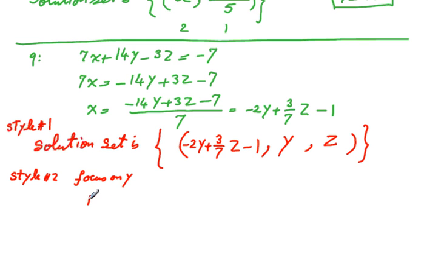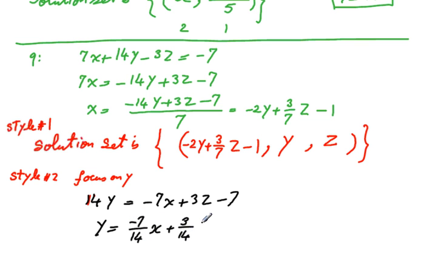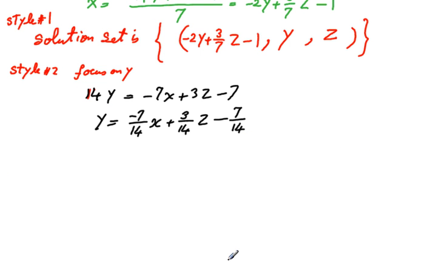Now it becomes 14y is equal to, everybody else now goes to the right, minus 7x plus 3z minus 7. So y turns out to be, I divide by 14, minus 7/14 of x plus 3/14 of z minus 7/14. So the solution set now is going to look like that.